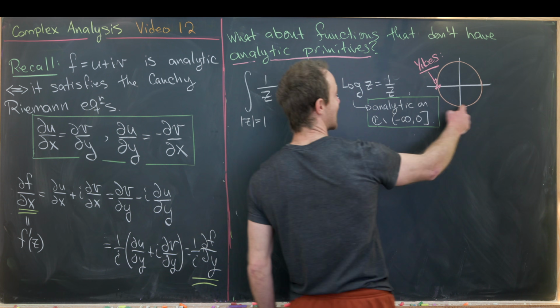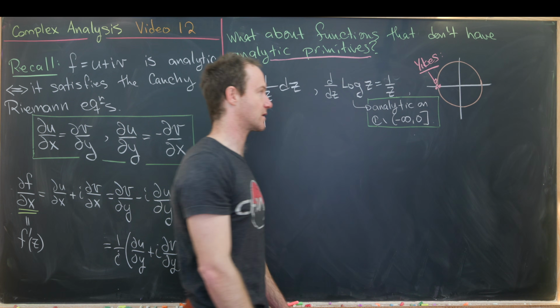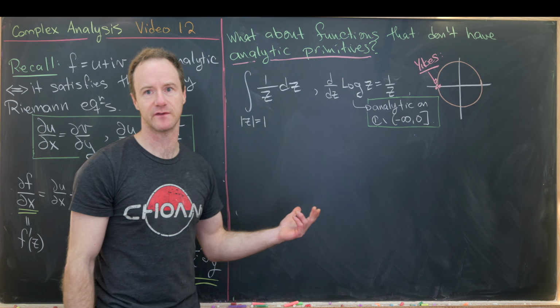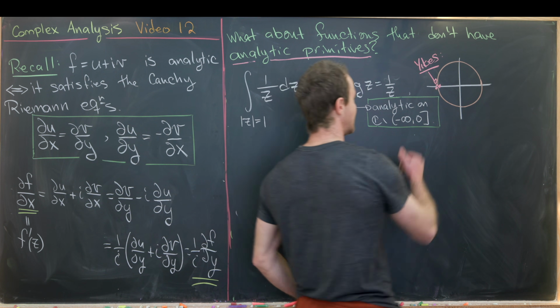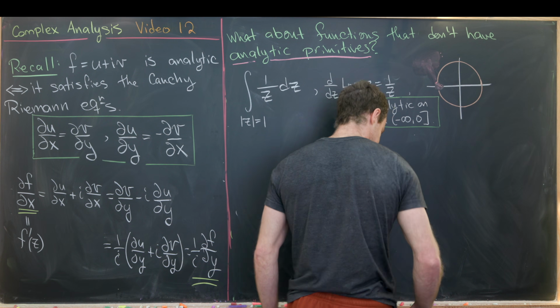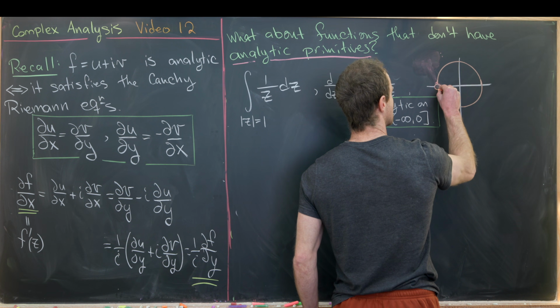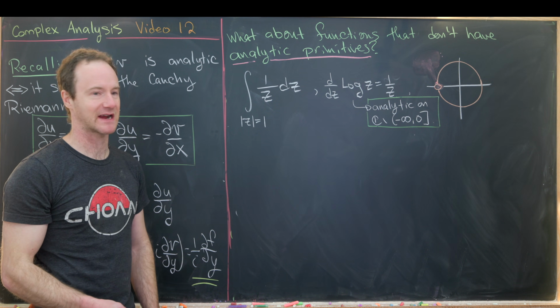And so as we loop around our unit circle, we have a problem right here at the point -1, because that's clearly in the portion of the complex plane where this is not analytic. So what's our fix? Well, our fix is to maybe remove this single point from the line integral, and then use a limit to maybe patch it back together.